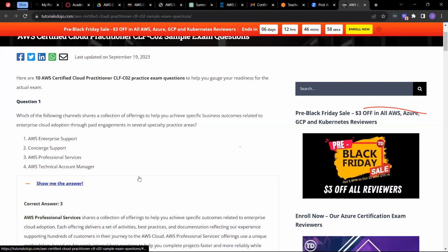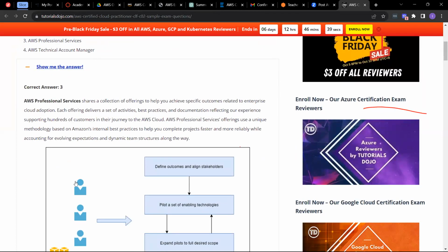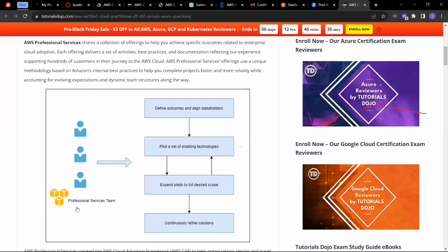Its correct answer is 3, professional services. Professional services shares a collection of offerings to help you achieve specific outcomes related to enterprise cloud adoption. Each offering delivers a set of activities, best practices, and documentation reflecting our experience while supporting hundreds of customers in their journey. So the professional services team.